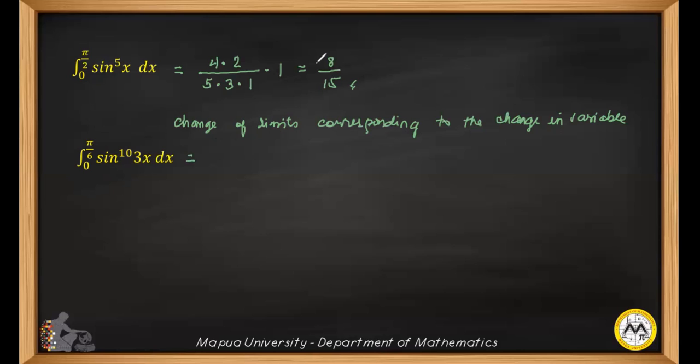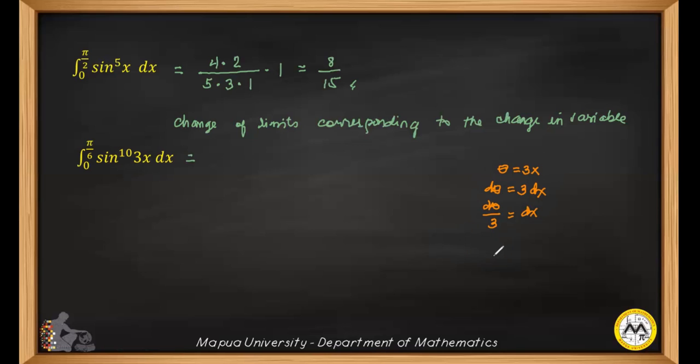We can change the variable by introducing a new variable, say theta, replacing 3x. If we let theta equal 3x, getting the differential of both sides gives d theta equals 3 times the differential of x. But we will have a correction factor 1/3, since d theta over 3 is equal to the differential of x.